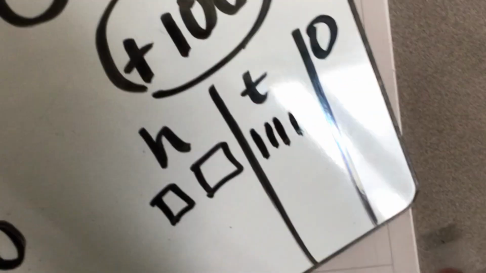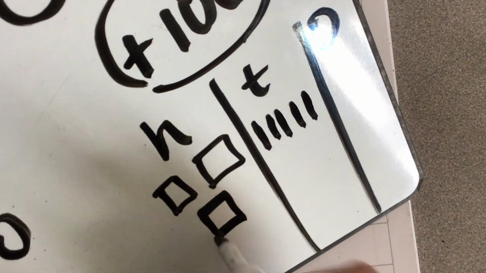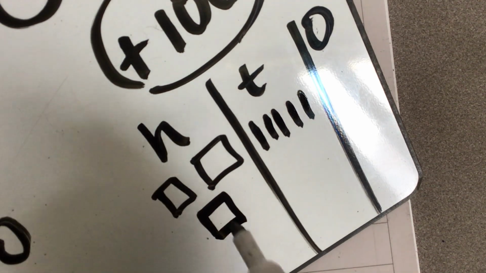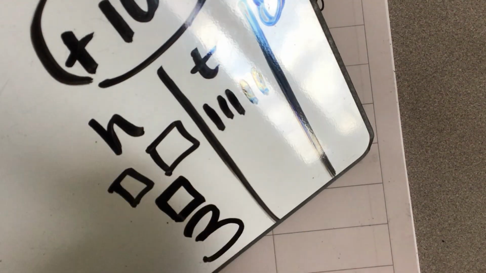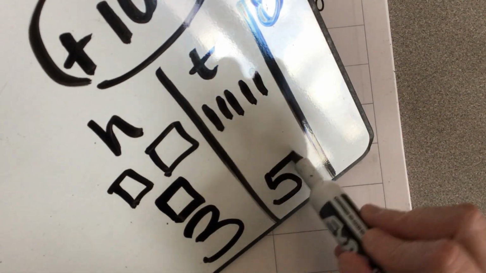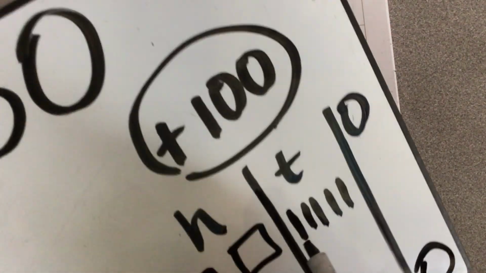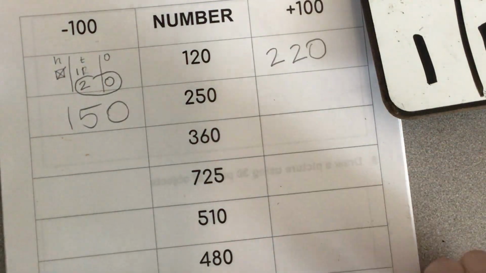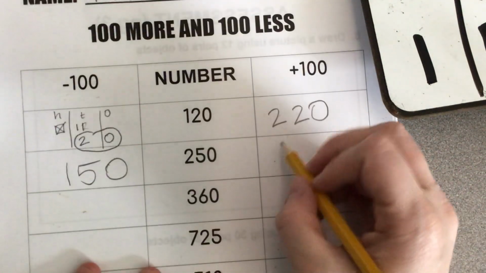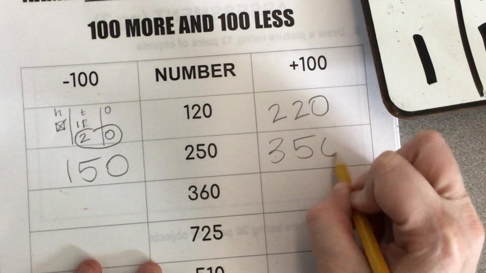This time I'm adding 100, so I'm going to draw an extra 100 and find out my number. I now have 3 hundreds, I still have 5 tens, and I still have 0 ones. So my new number, if I add 100, is 350. So I go over here to the right side and I write 350.